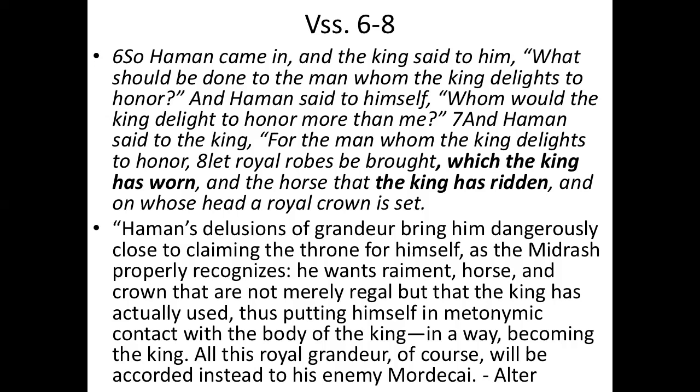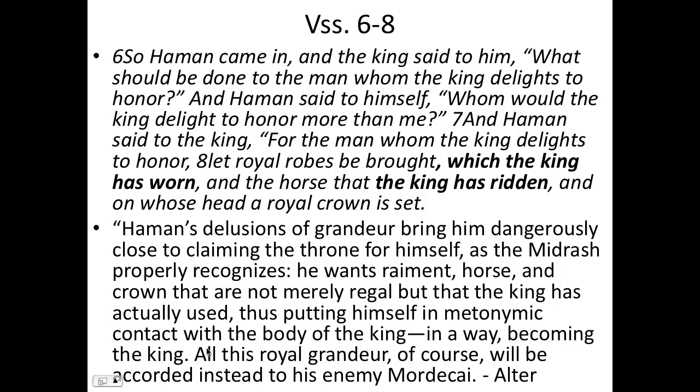So Alter talks about Haman's delusion. Haman's delusion of grandeur brings him dangerously close to claiming the throne for himself. As Midrash properly recognizes, of course, remember Alter's Jewish, right? He wants raiment, horse, and a crown that are not merely regal, but that the king actually used, thus putting himself in metonymic contact with the body of the king, in a way becoming the king.